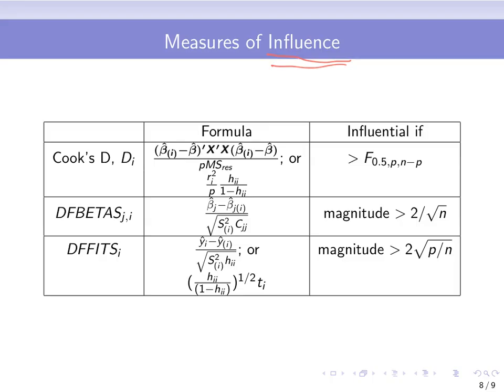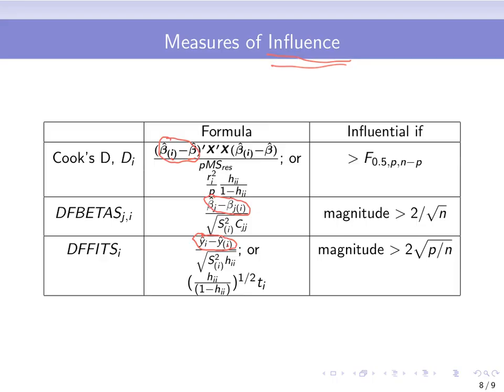If you look at Cook's distance, this looks at the difference between the estimated coefficients without the data point i and with that data point. Same thing with DFBETAS: the difference in the regression coefficient for coefficient j with and without i. DFFITS measures the difference in the fitted values with and without that observation i in the model building process.